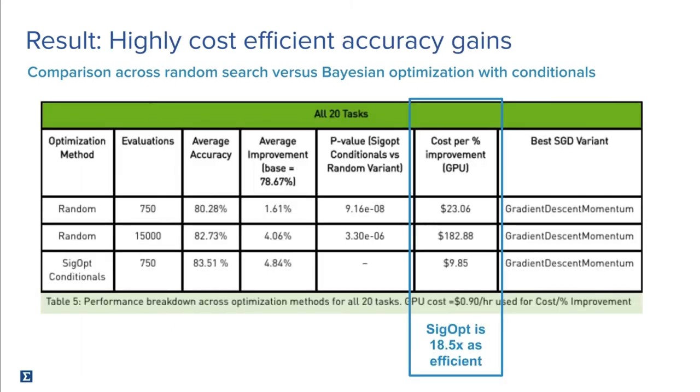At the end of the day, what this means is faster wall clock time, better performance, and better resource utilization in the sense of less money being spent per percent gain in that underlying method that you're trying to optimize for.